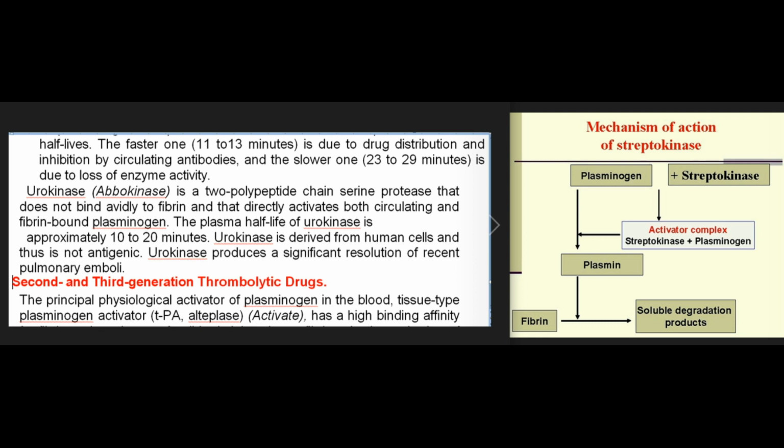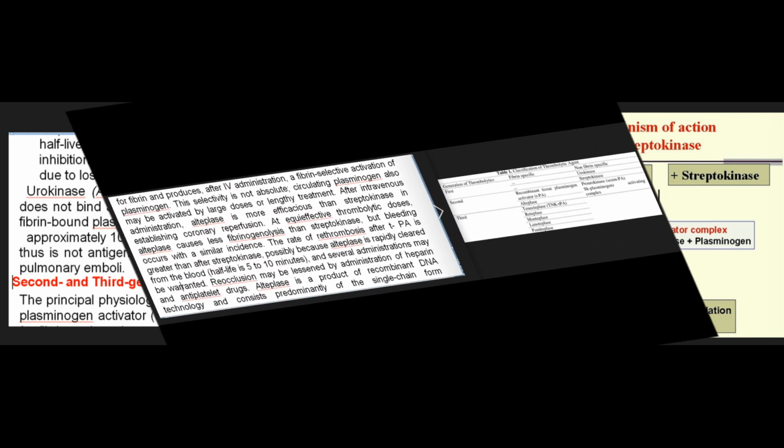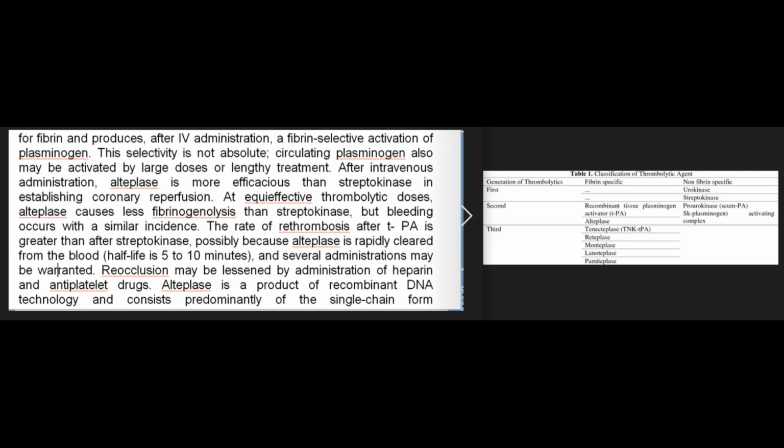Second and third generation thrombolytic drugs. The principal physiological activator of plasminogen in the blood, tissue-type plasminogen activator (tPA, alteplase, Activase), has a high binding affinity for fibrin and produces, after administration, a fibrin-selective activation of plasminogen. This selectivity is not absolute.